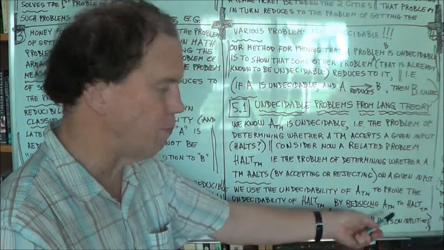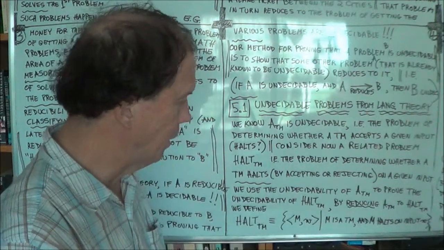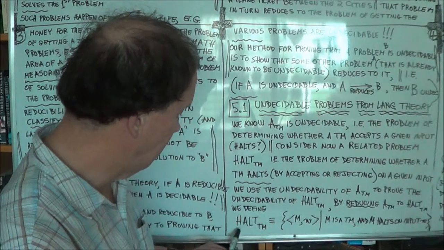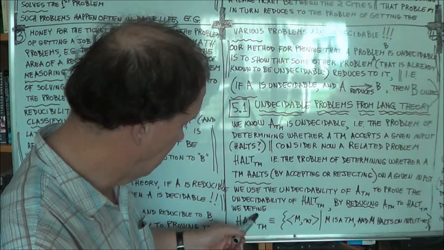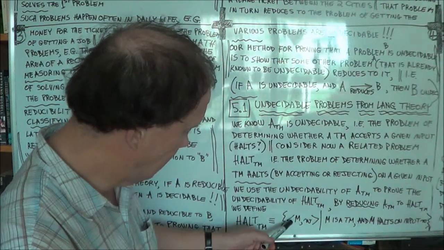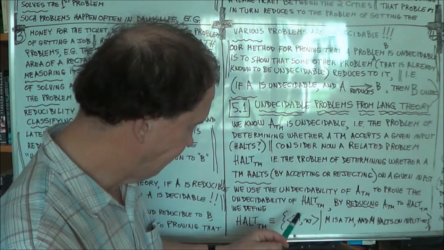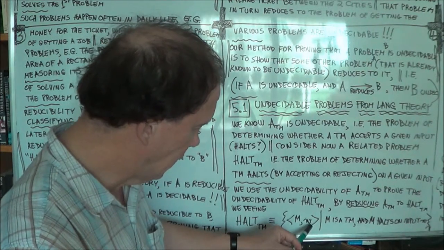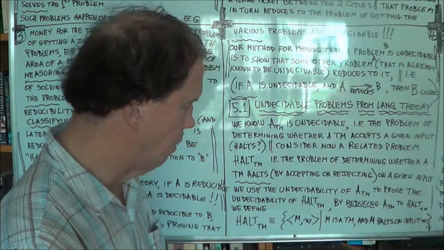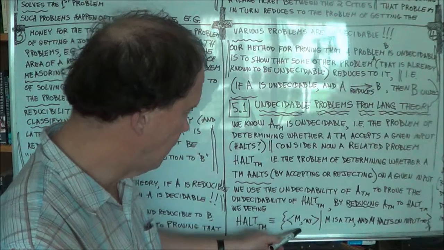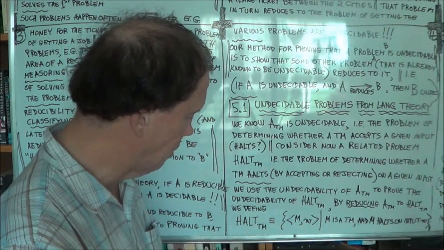Before we had M accepts W. But here, this language is the set of these pairs, M halts on the input W. So this is a set of all possible M's and all possible W's.